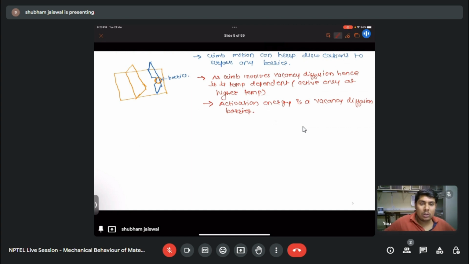Okay, so in this way we have studied how the edge dislocation moves out of the plane. So if we categorize the motion of edge dislocation, we can categorize it in two ways. One is the conservative motion and the second one is the non-conservative.